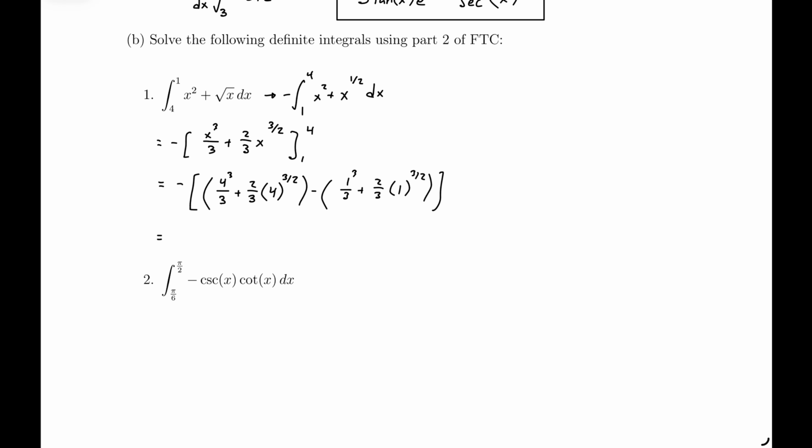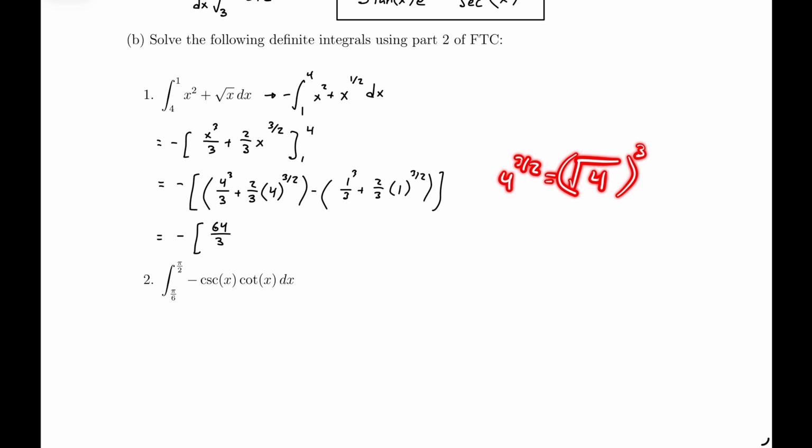Okay, simplifying even more. 4 cubed, 4 times 4 is 16, times 4 is 64, so 64/3. And then 4 to the 3/2 is equal to the square root of 4 cubed.